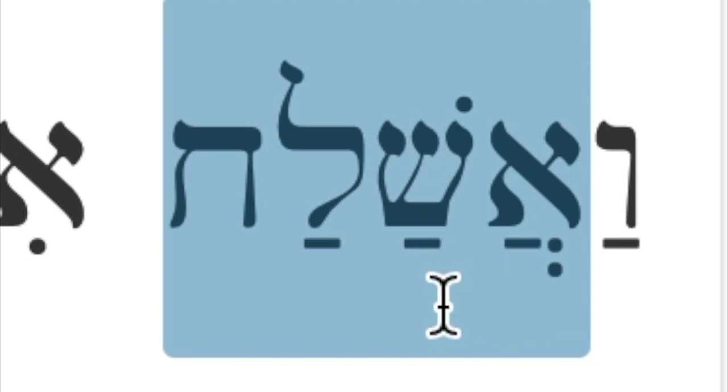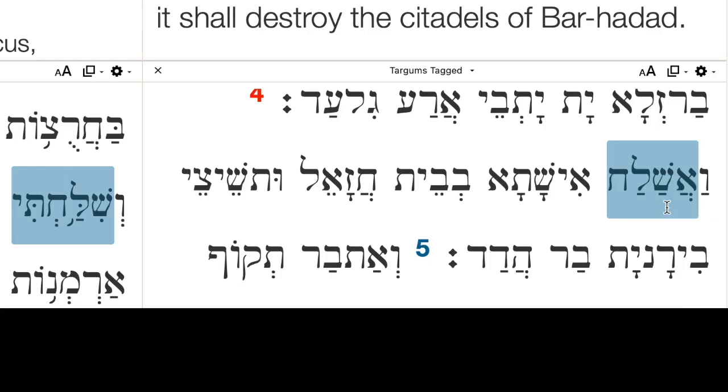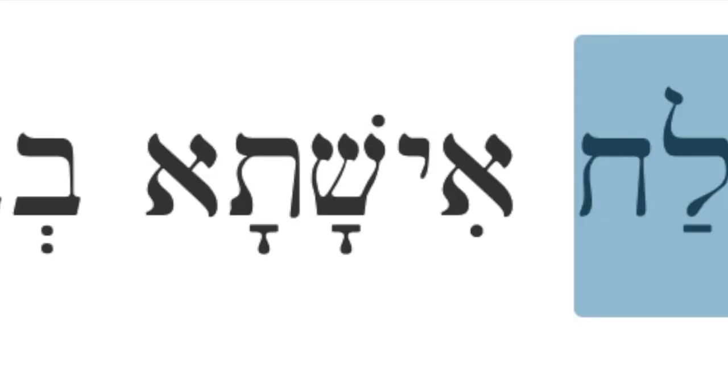And it means the same thing as the Hebrew V'shilachti. Notice that the Aramaic does not use the vav consecutive. So we have the prefix conjugation, ashalach, with the vav, and the vav does not flip the time of the verb. So, and I will send.